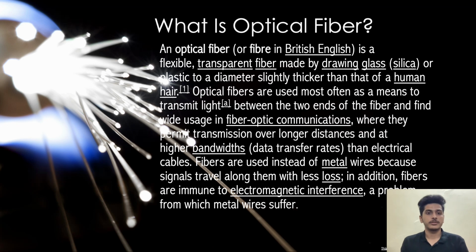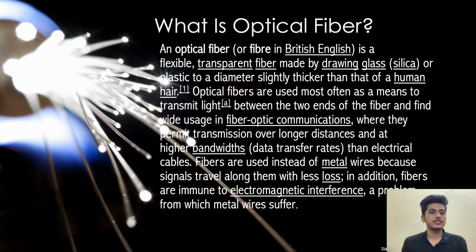What is optical fiber? An optical fiber is a flexible transparent fiber made by drawing glass or plastic to a diameter slightly thicker than that of a human hair. Optical fibers are used most often as a means to transmit light between the two ends of the fiber and find wide usage in optical fiber communication, where they permit transmission over longer distances at higher bandwidths than electrical cables.